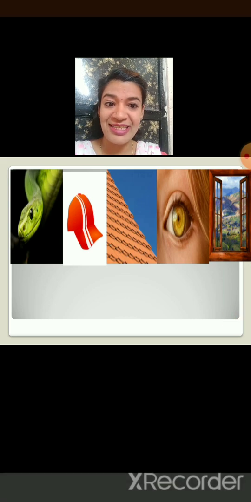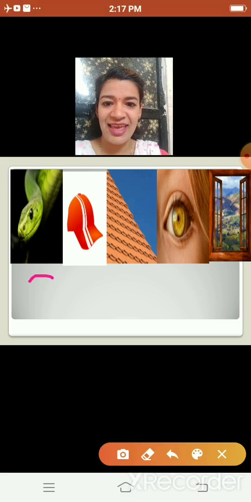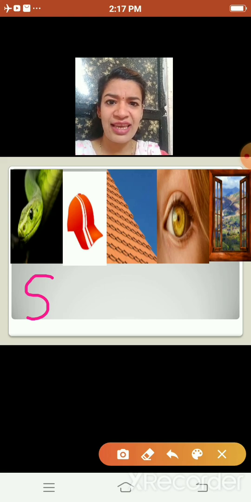Now, which is the first image? You have to name it and you have to tell me the first letter of that picture. Now, the first picture is about snake. So, the first letter of snake is S. And the second one is cap.